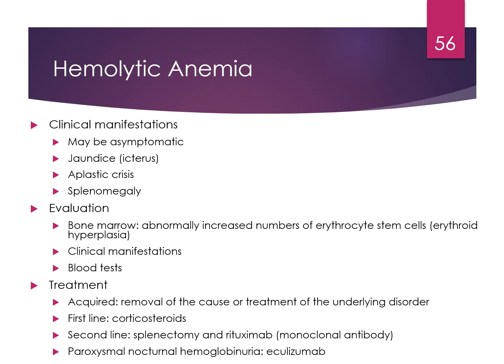On this slide, you can see some of the clinical manifestations that may be present in individuals who have hemolytic anemia. It is important to note that patients who present with hemolytic anemia can be asymptomatic. It is also important to note that evaluation for hemolytic anemia includes bone marrow evaluation combined with the clinical manifestations and some blood tests.